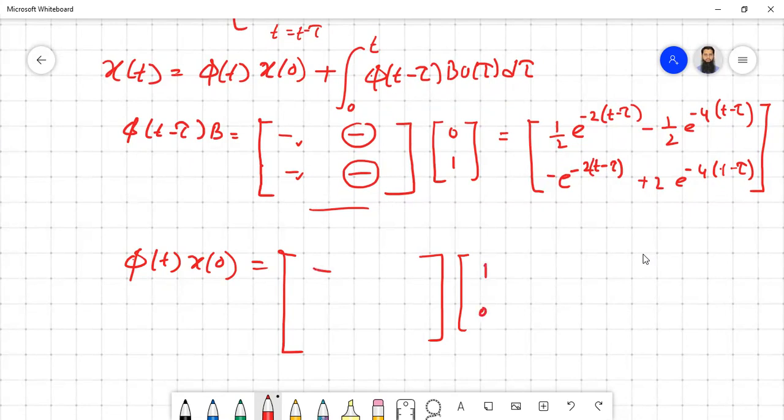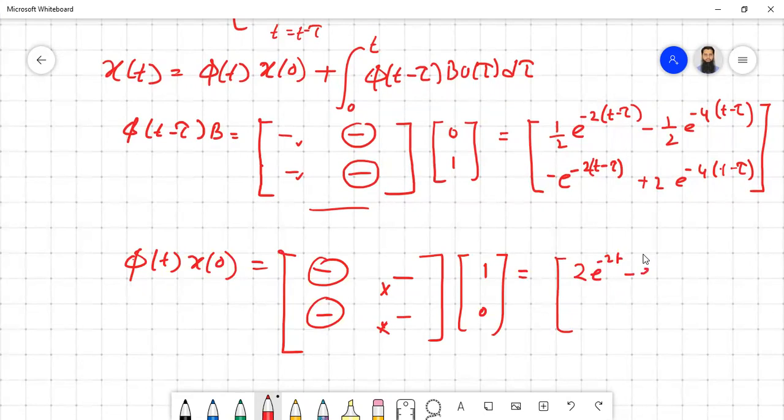So again, if you have two parameters, this parameter will be kept and this will vanish because the second parameter is multiplied by 0. So only the first parameter will be left. So 2 e to the power minus twice t minus e to the power minus 4t, and minus 4 e to the power minus twice t plus 4 e to the power minus 4t.